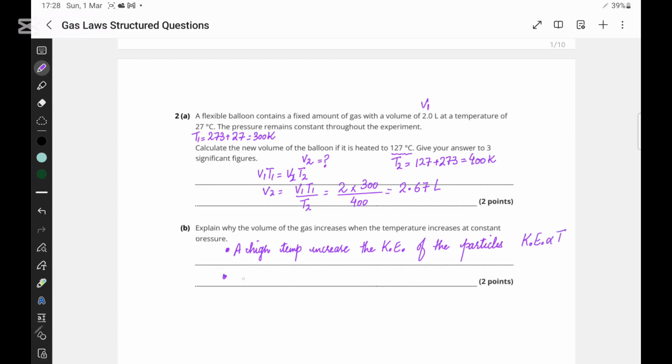Because of that, there would be more frequent collisions with the walls, and because of that they are pushing the walls outwards to maintain constant pressure.